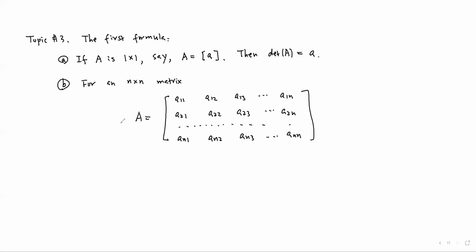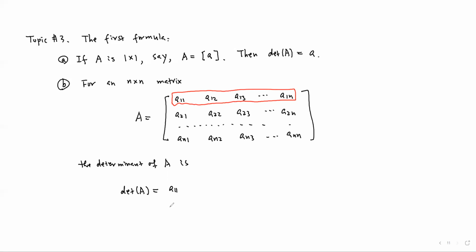Then the formula to compute the determinant of this matrix A is: look at the first row. The determinant is equal to A11 times C11. What is C11?